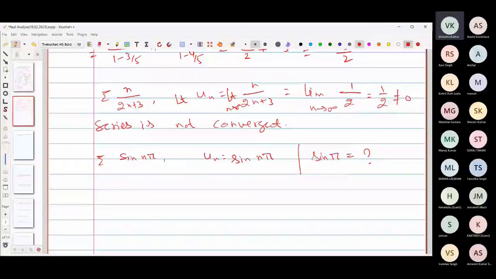When n is 2, so 2 pi by 2, this becomes 0. When n is 3, it again becomes 1. So here un is sine n pi by 2. This doesn't converge to 0. If the limit is not 0, this implies that the series is not convergent.